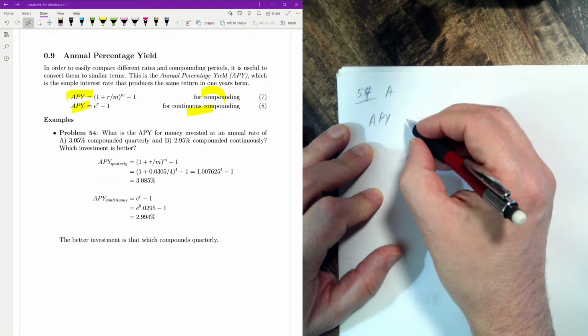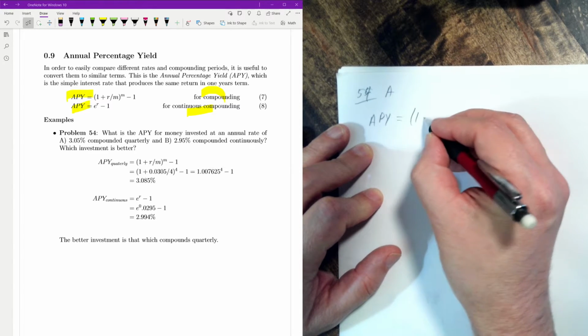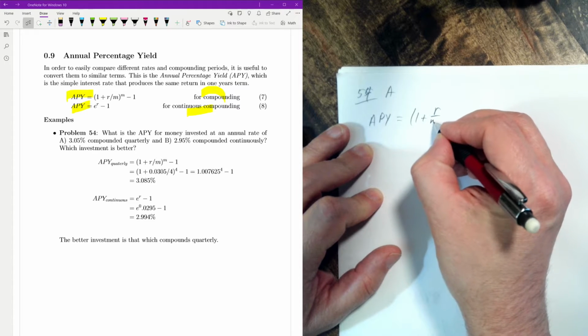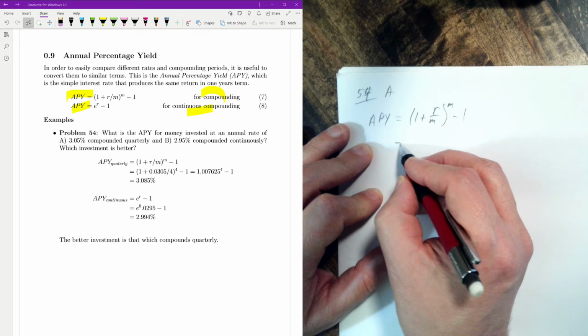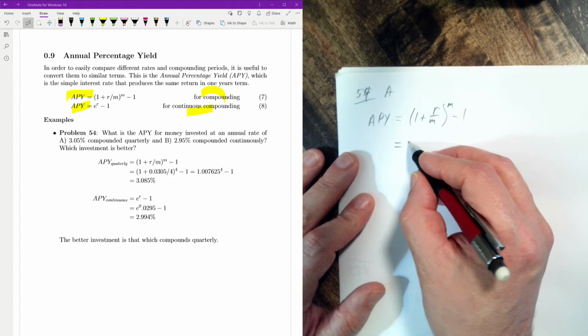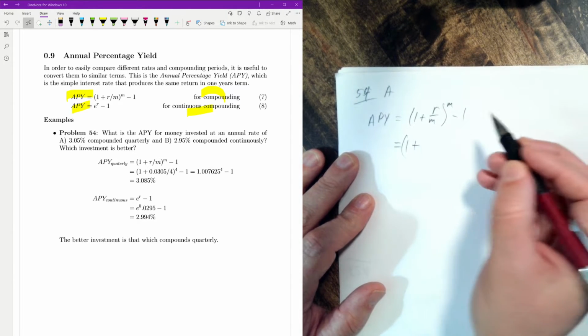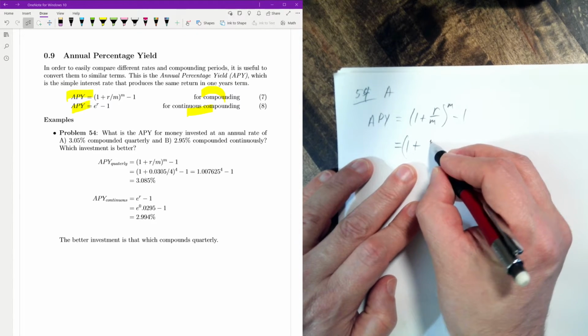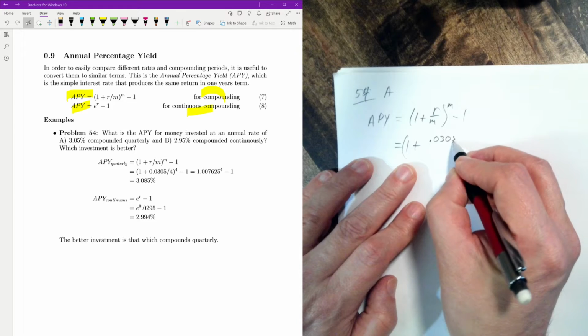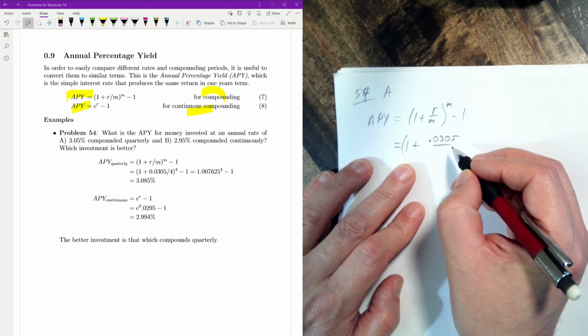So we have APY compounding. We use equation number 7: APY equals 1 plus R divided by M, to the M, minus 1. This is basically just plug in the numbers. So we have 1 plus R, which is 0.0305, divided by compounded quarterly.